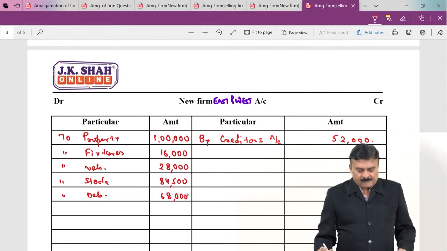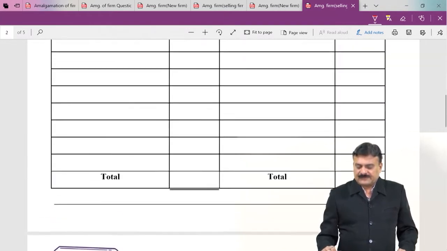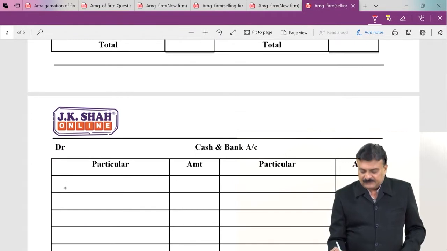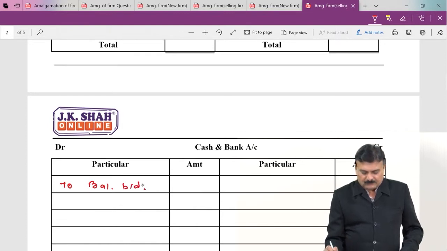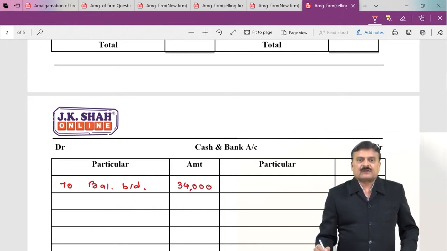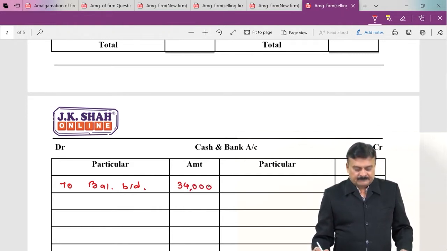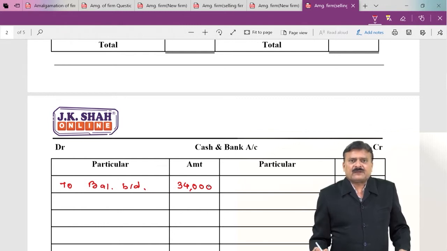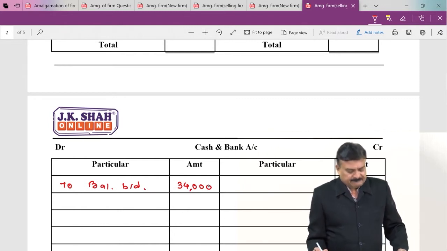Next one, bank balance 34,000 will go to cash bank debit side, to balance brought down, amount is 34,000. Balance sheet completed. We take one by one adjustments.